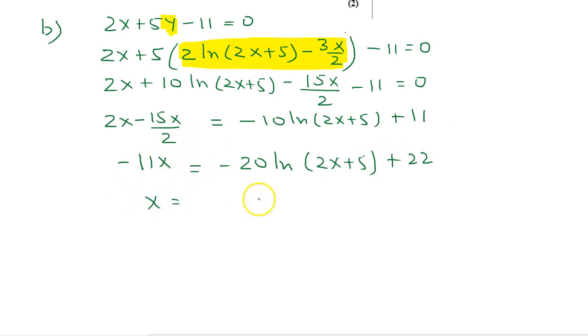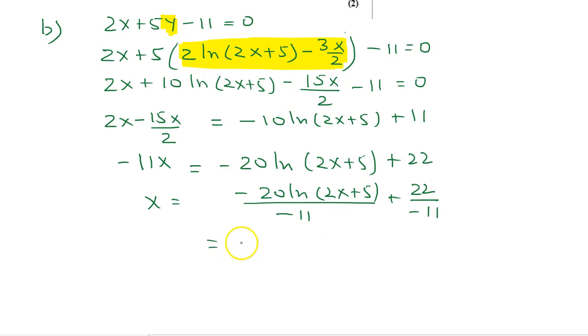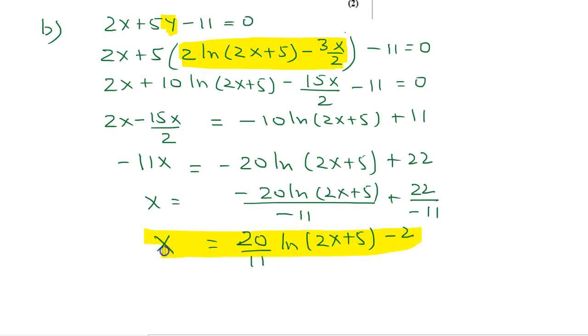So x is equal to minus 20 ln 2x plus 5 over minus 11 and plus 22 over minus 11. So that is equal to 20 over 11 ln 2x plus 5 minus 2. So the value of x is this.